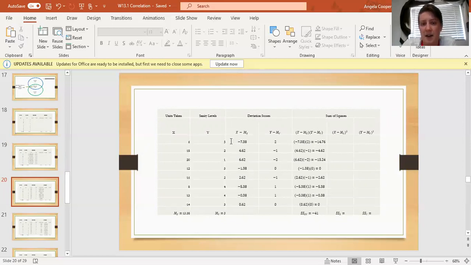So for this row, it's -7.38, this X minus mean of X, times Y minus the mean of Y, 2. What you're doing is just multiplying these two numbers together for each row. So -7.38 times 2, 4.62 times -1, 6.62 times -2, and down the line. That gives us the sum of squares for X and Y. We add these all together, and that gives us -41.